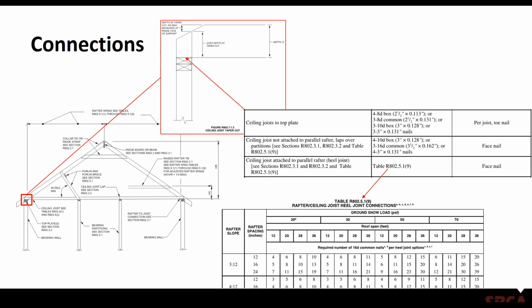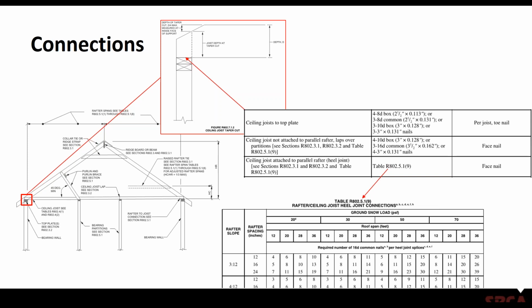So what are some of the connection requirements? And again, we're not going to get into the gory details of looking at the tables, but basically, for the ceiling joist to top plate, there are prescriptive requirements for attaching the ceiling joist to the top plate. There are also requirements for ceiling joists that, when they're not attached to a parallel rafter, are lapping over partitions.